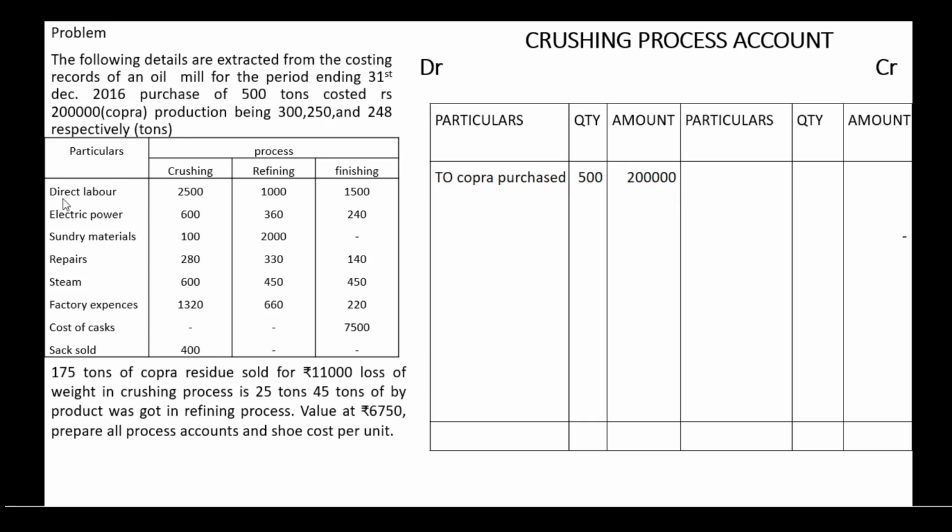And the next, that is the expenses, the direct labor and other expenses, are entered in the debit side. First, direct labor.